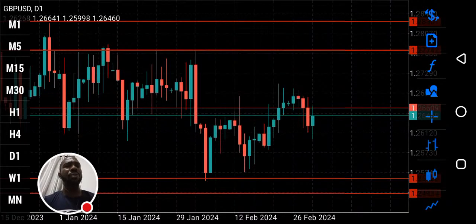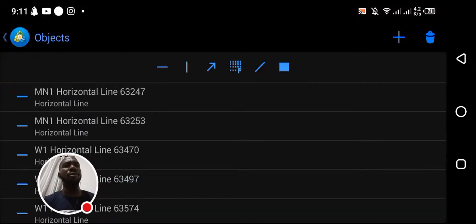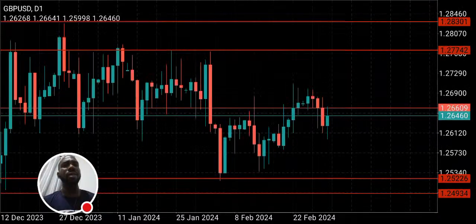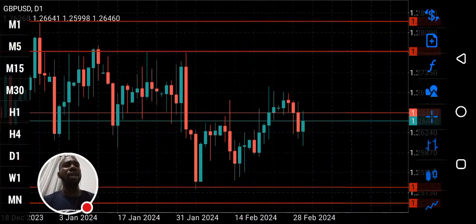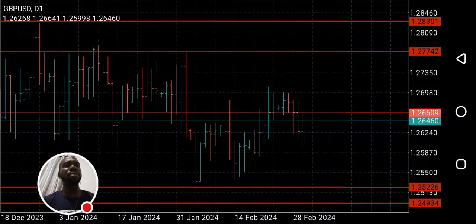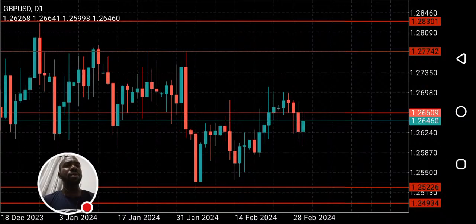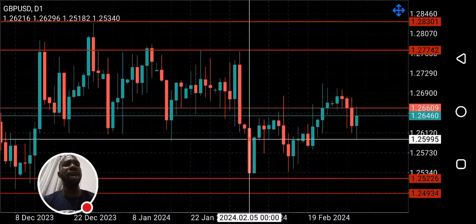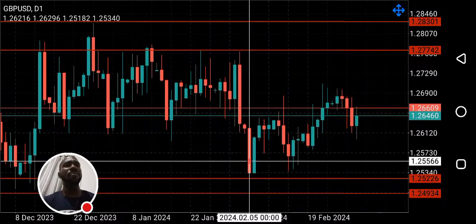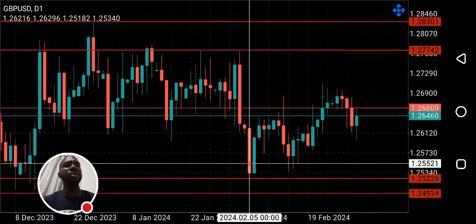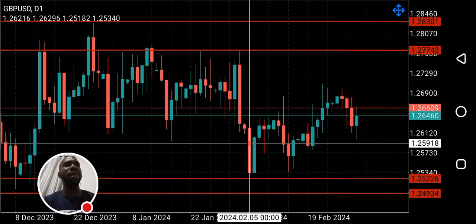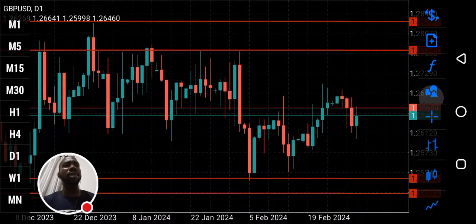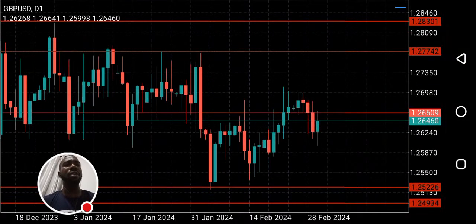This is what I'm going to look out for, what I'm going to work with on the daily time frame: the previous high of this candle. Can you see this high, the high of this bearish candle? So I'm going to identify the high of that candle.